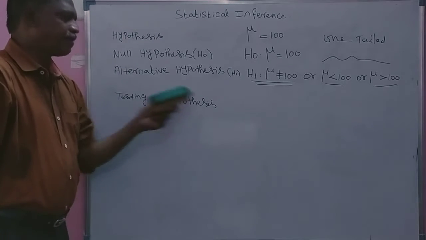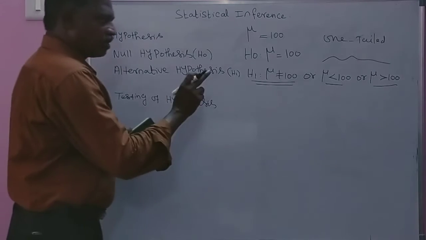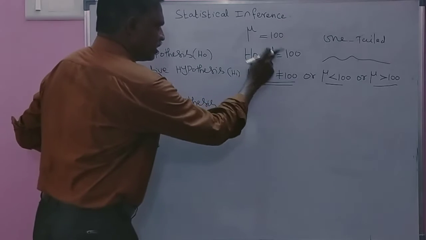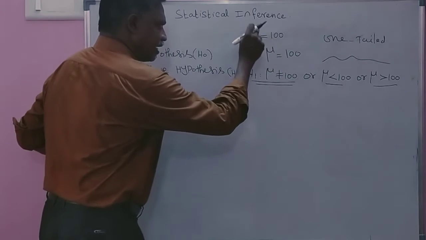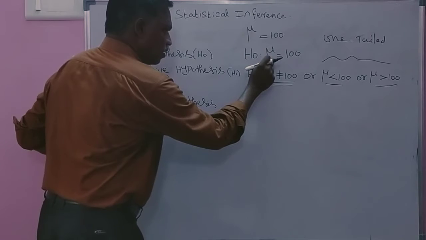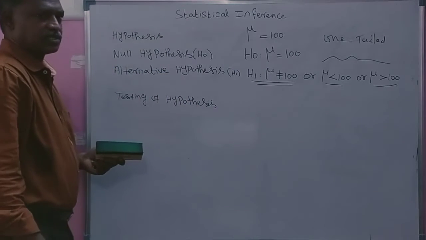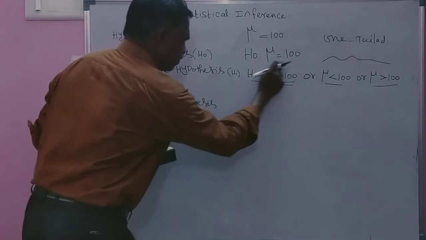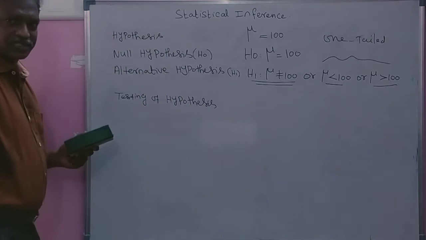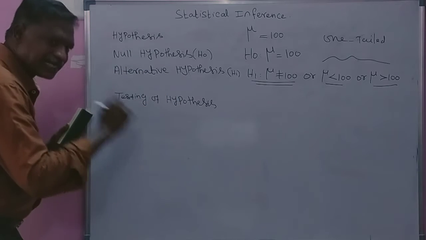Then testing of hypothesis. As I said, we are testing the hypothesis under the assumption that it is true, based on the sample observations. To test this hypothesis, we must construct a test statistic.